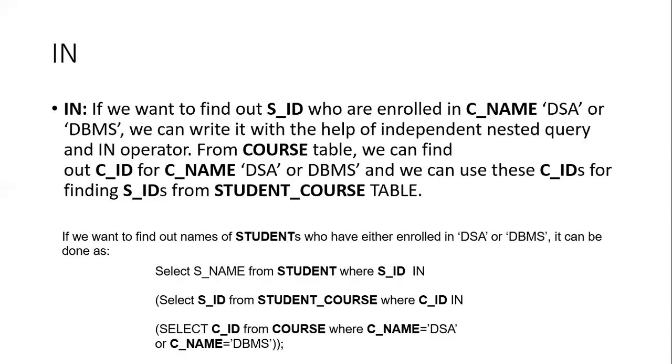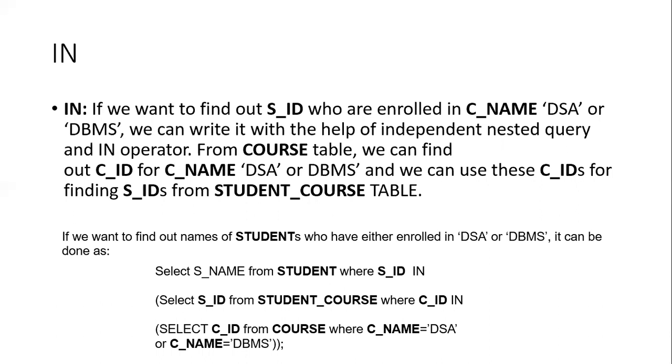So here I have used the in keyword to get the name of those students which are having enrollment in DSA or DBMS. So firstly, the inner query will execute independently of the outer queries. So here I have selected course ID from course table where course name is DSA or the DBMS.